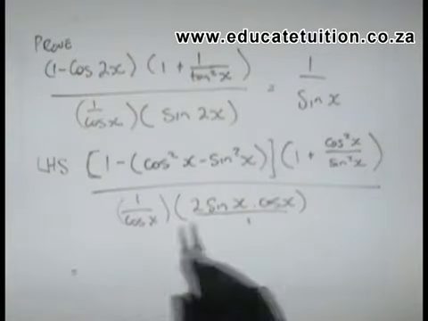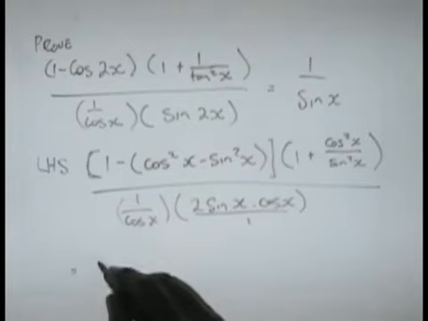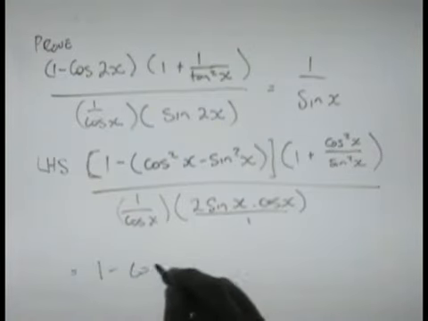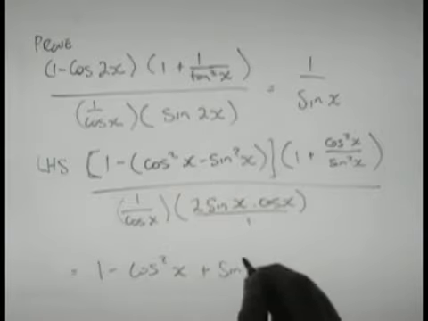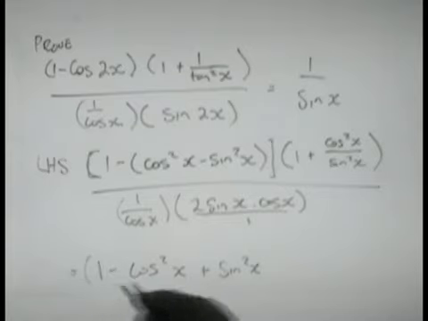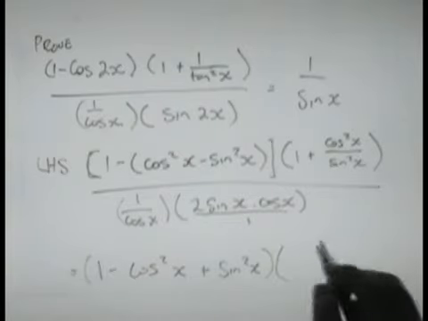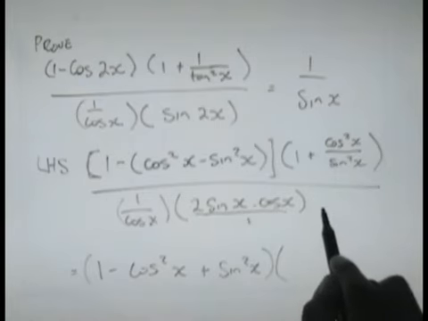Now, the next step I'm going to take, I'm going to leave this for now as 1 minus cos squared x plus sine squared x. The reason it became plus is because a minus times a minus. And it's all of that multiplied by 1 plus cos squared x over sine squared x.